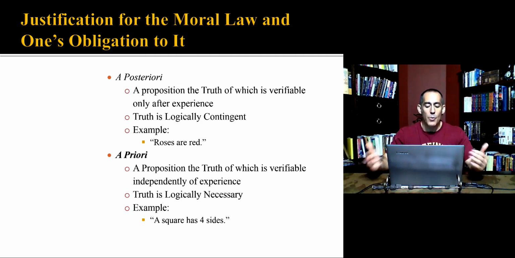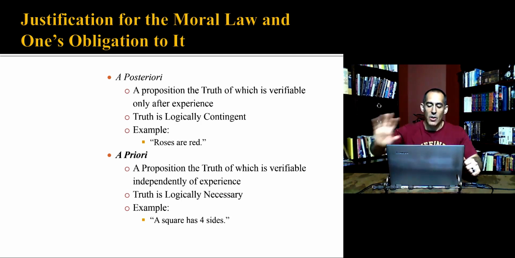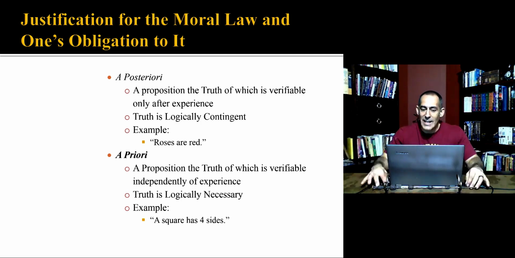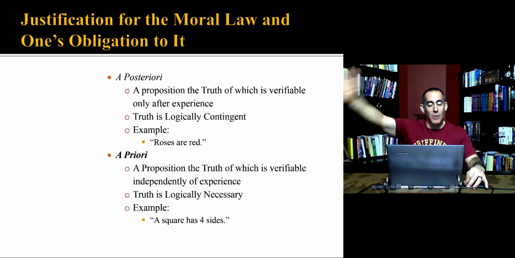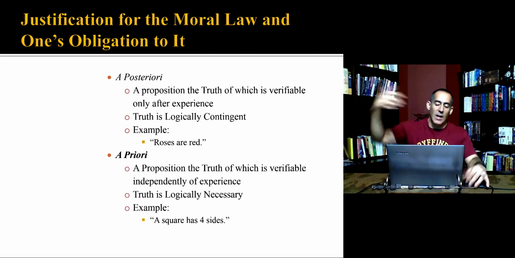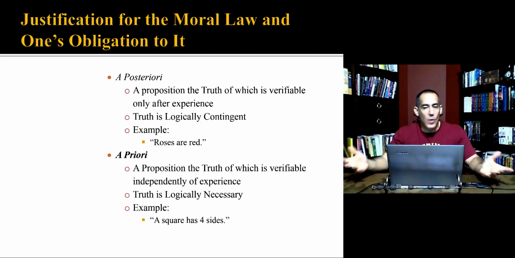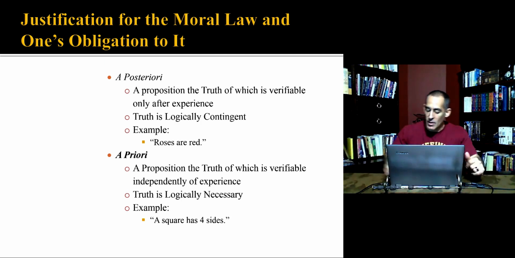A priori means prior to experience. Truths that are a posteriori are logically contingent, where a priori truths we would assume are logically necessary. So roses are red is an example of an a posteriori statement, a synthetic a posteriori statement, whereas an a priori statement might be something like a square has four sides. I can know that ahead of time without looking at a square.